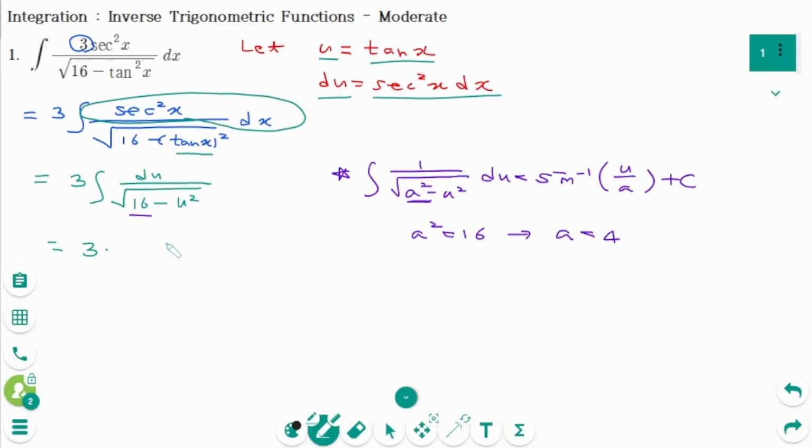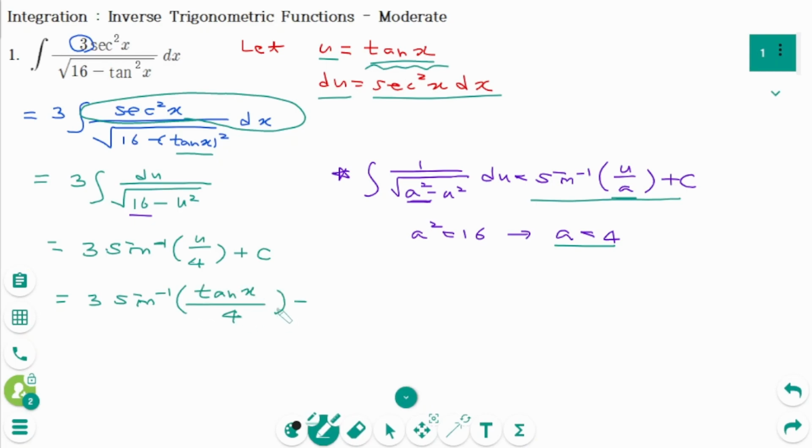So 3 times arc sine of u over a, which is 4, plus c. 3 arc sine of u, which was tangent x, over 4 plus c.